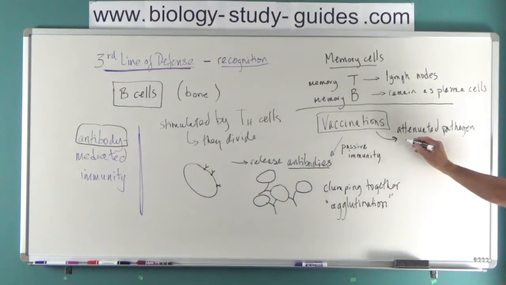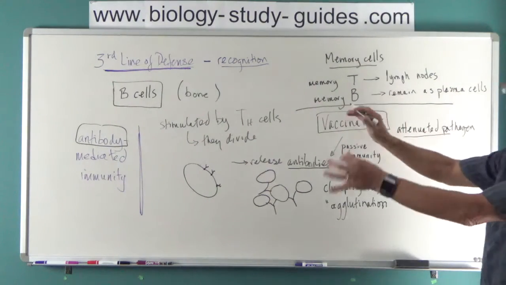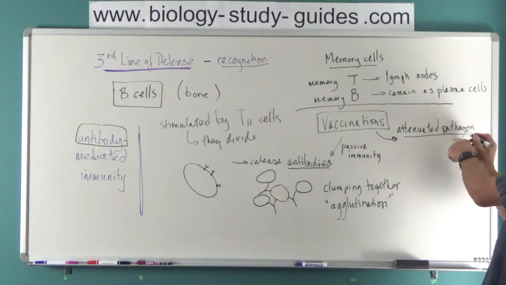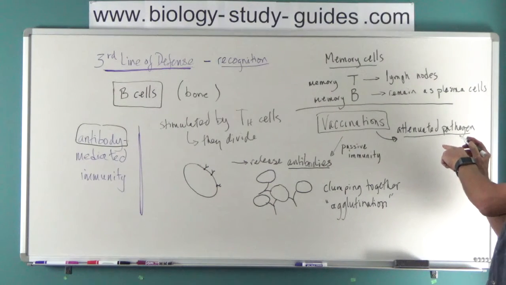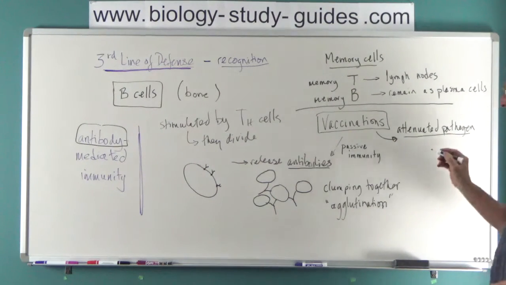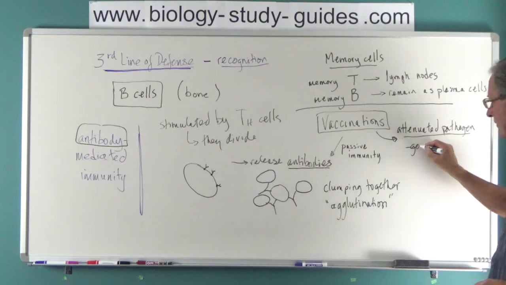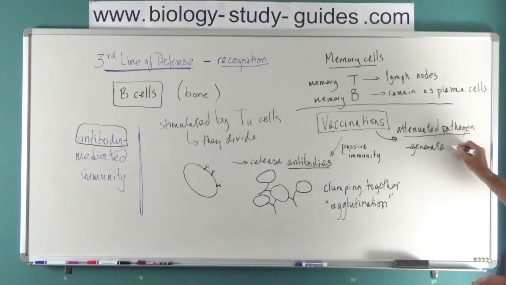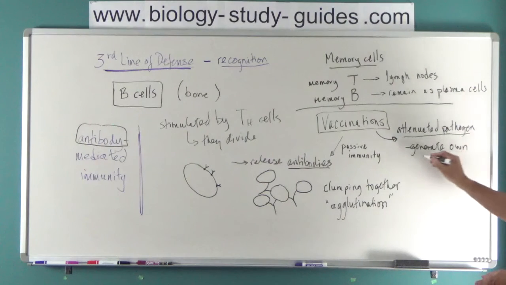If you get a vaccination with this type of thing, you're actually going to go through this whole process because your body's going to say, wait a minute, that's not supposed to be there. And your body's going to recognize it chemically, and you will generate your own immunity. This is called active immunity.